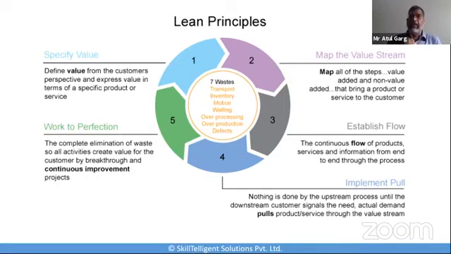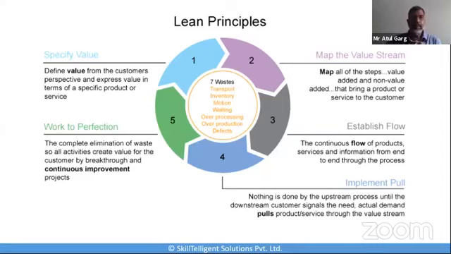So if I want to do the cooking and I don't have the ingredients for that, I cannot cook. So the process integration and the linkages between the processes are very important. One process has to pull from the other process. So actual demand will always pull the products or services through the value stream. So that's the fourth principle of lean.